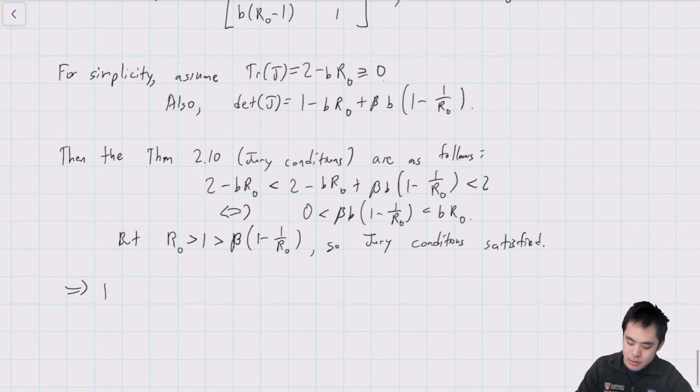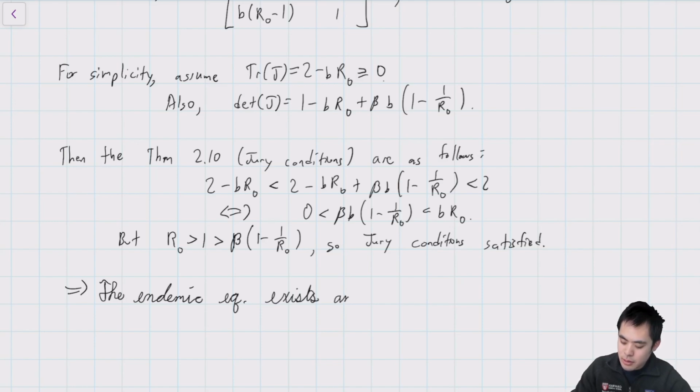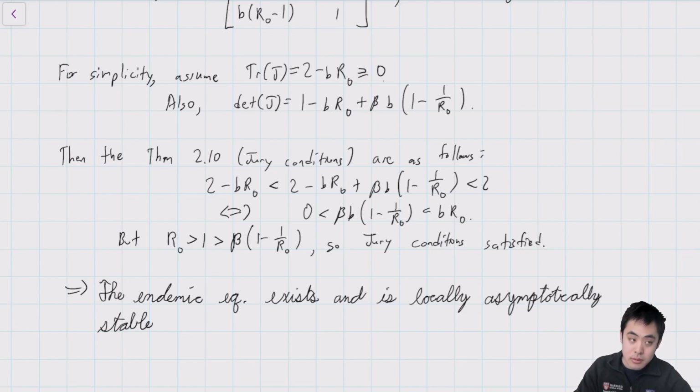So therefore, the endemic equilibrium exists because R naught is greater than 1, and is locally asymptotically stable if R naught is greater than 1 and R naught is less than or equal to 2 over b.